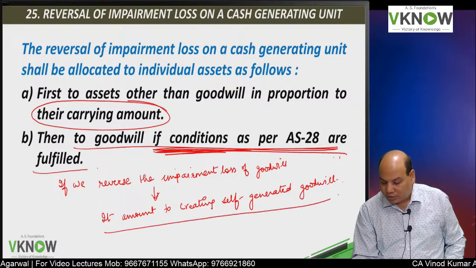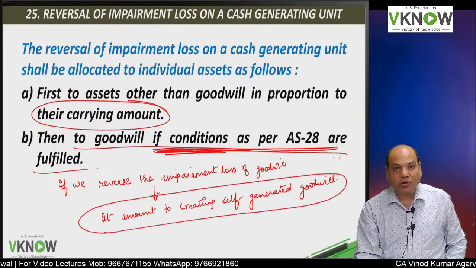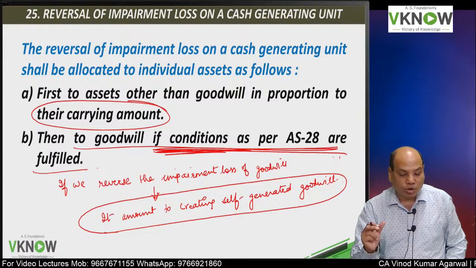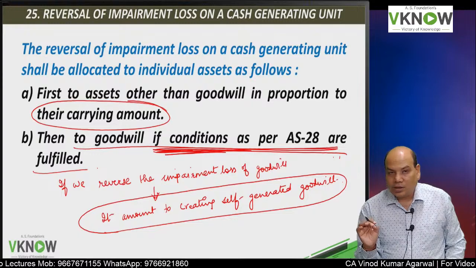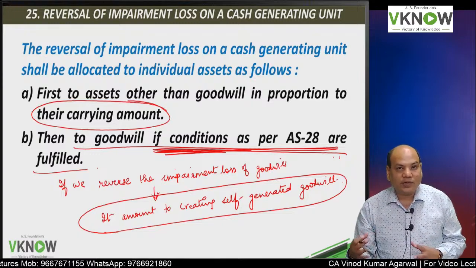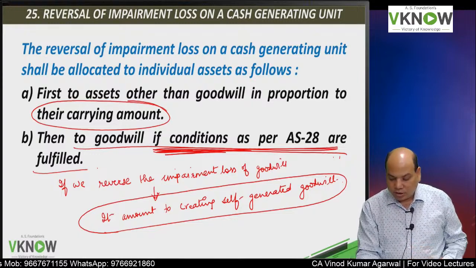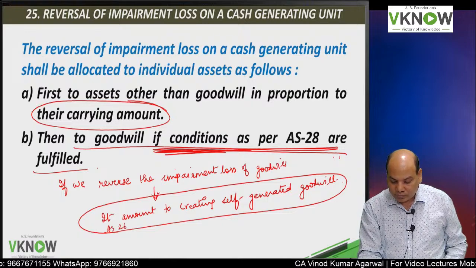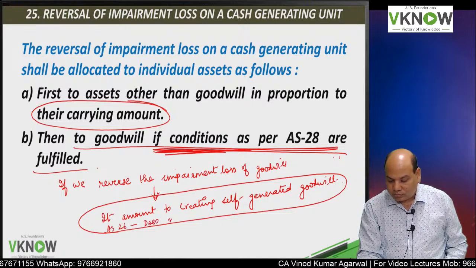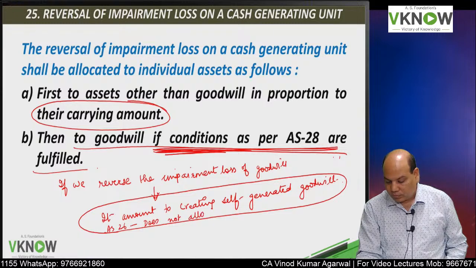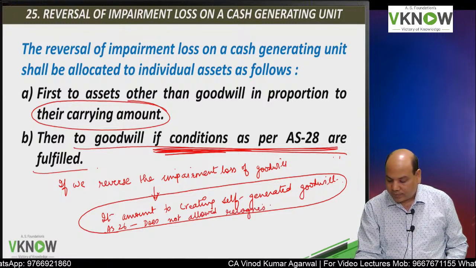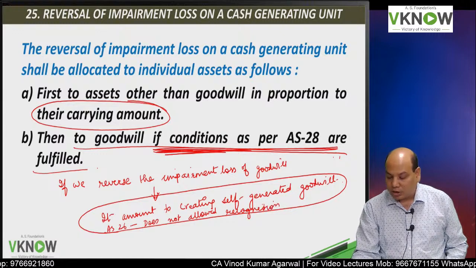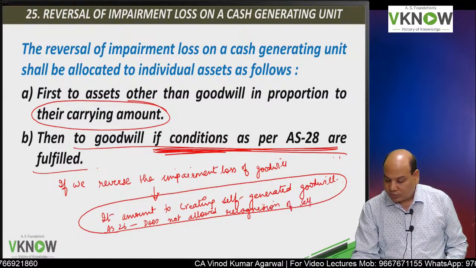Very important line, not given in your module. The reason, the logic why we do not reverse impairment loss on goodwill, is because it will result in recognizing self-generated goodwill. AS 26 does not allow recognition of self-generated goodwill. Is it right?